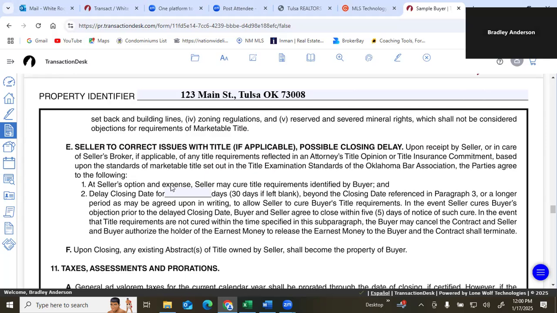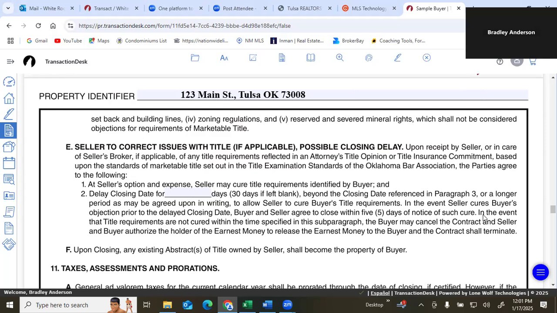At seller's option and seller's expense, seller may cure title requirements identified by buyer and delay closing date for X amount of days, and it's 30 if it's left blank, beyond the closing date that was referenced in paragraph 3, or longer period as may be agreed upon in writing to allow a seller to cure buyer's title requirements.